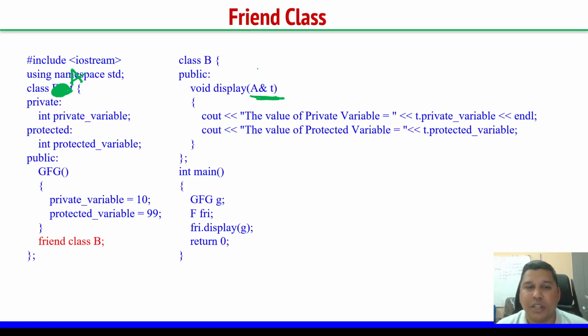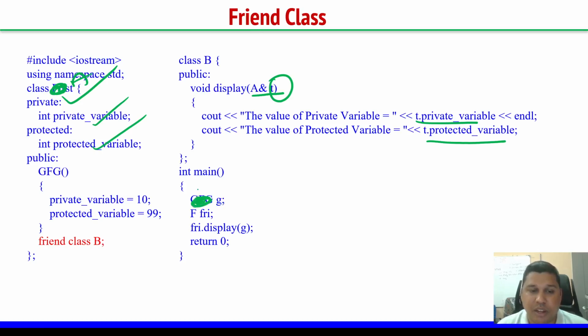You have to understand, this is one way of creating an object. So A ampersand t means this t is an object for this class A. So t dot private variable, its value will be given. t dot protected variable, its value will be given. Now see the main. I am creating main here. This is again A. This is again B.